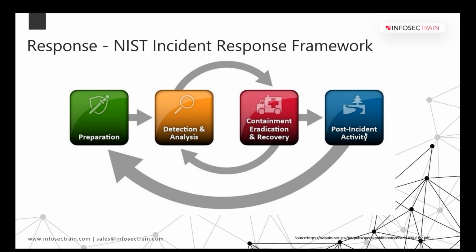Now, post-incident activity is also known as lessons learned. What happens is you analyze where we went wrong. For example, to eradicate a threat, you found out there is a vulnerability. You patch that not only in that system, but in the entire network, right? And you see, okay, everything started because one of our users clicked on a phishing URL. You go train people again.